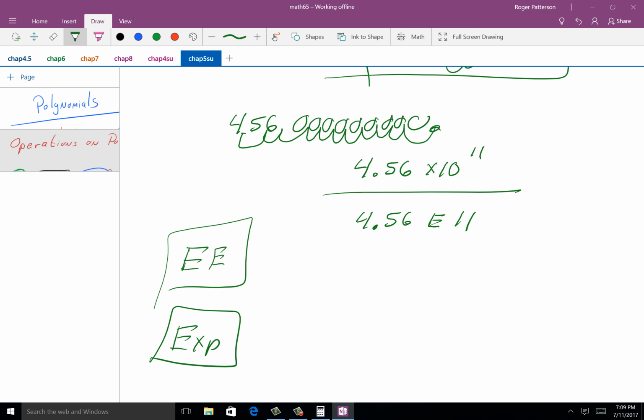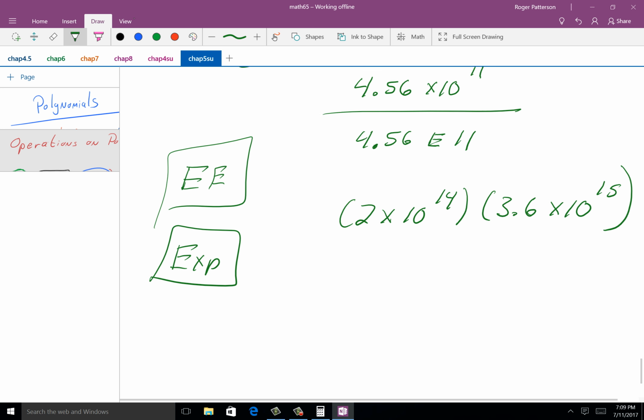So one of the things they have you do is, say we have 2 times 10 to the 14th, and we're going to multiply that by 3.6 times 10 to the 15th, all right?